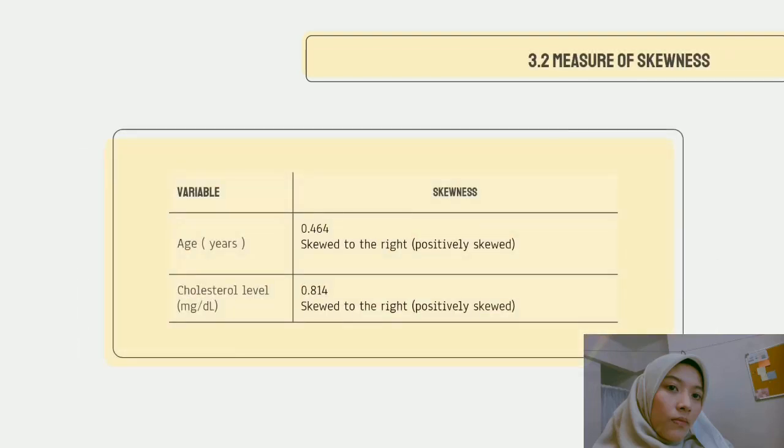As we know, skewness is a measurement of a data distribution's lack of symmetry. From the table, we can see that the skewness values for age and cholesterol level are both positive. In this case, both variables, age and cholesterol level, are positively skewed to the right. This indicates that people of younger age have higher cholesterol level than people of older age.